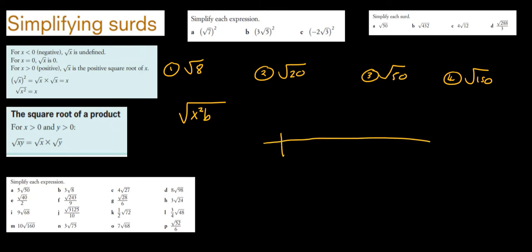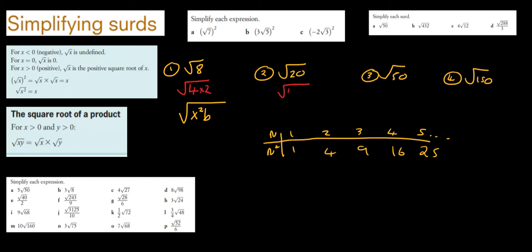So let's have a look at the square numbers. We've got n squared, 1, 2, 3, 4, 5, goes on forever. First square numbers 1, 4, 9, 16, 25. So we need to rewrite these using our square numbers. So this is a nice easy one. It's the root of 4 multiplied by 2.